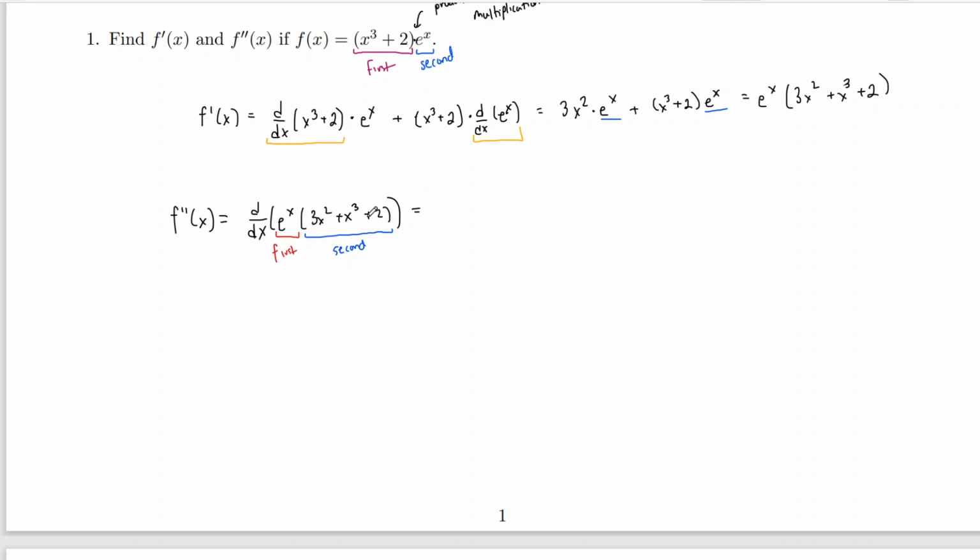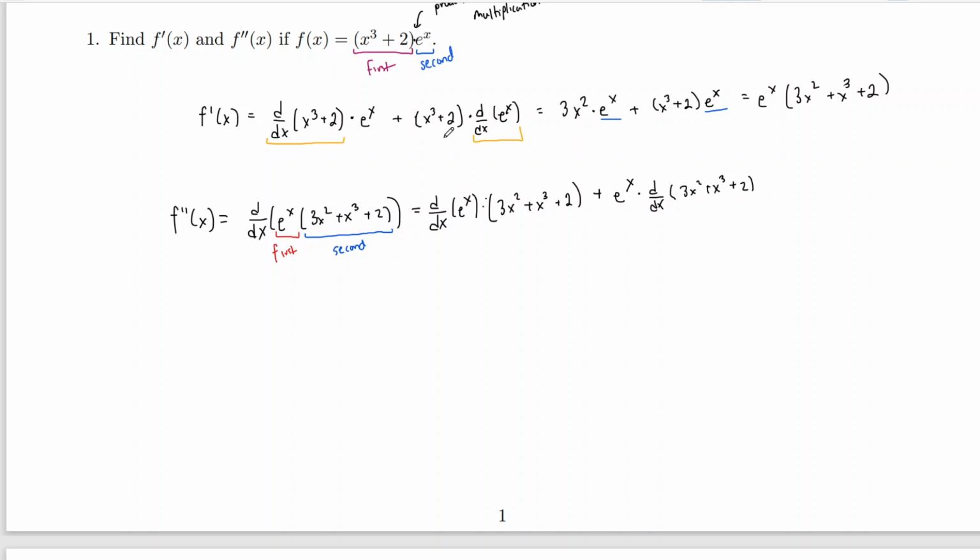Product rule says do the derivative of the first, the derivative with respect to x of e to the x, times the second, so times parentheses, because I have pluses and minuses, 3x squared plus x cubed plus 2, and then plus the first, which is just e to the x, times the derivative with respect to x of the second, 3x squared plus x cubed plus 2.